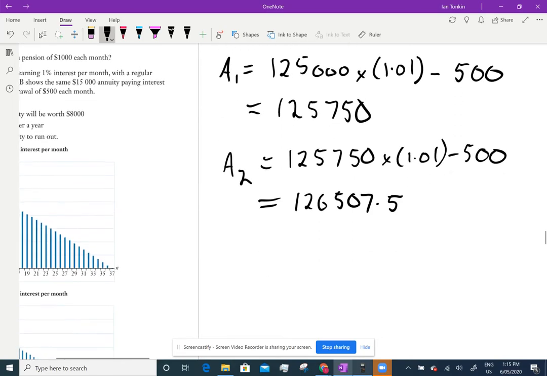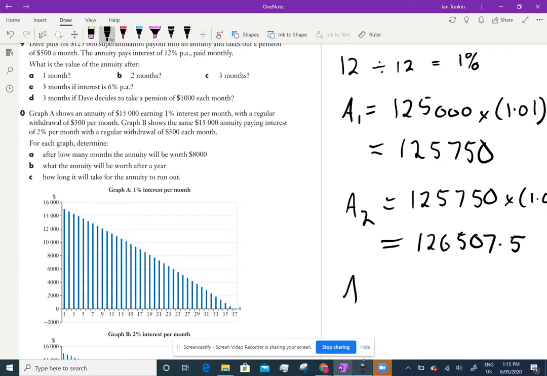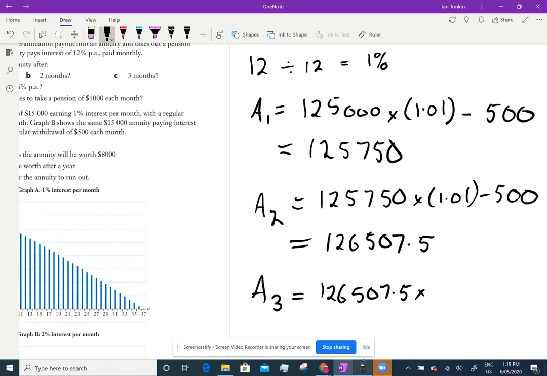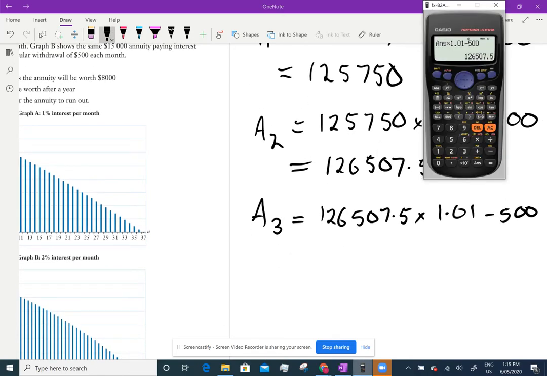Now, after 3 months, it's 126,507.5 times 1.01 minus 500. Now the beauty of my calculator is I've done this twice, so if I just press equals, it should repeat the process.